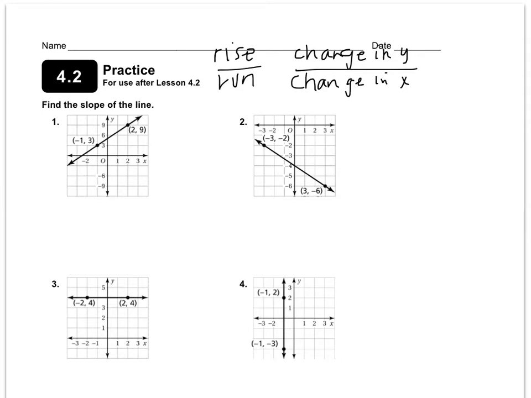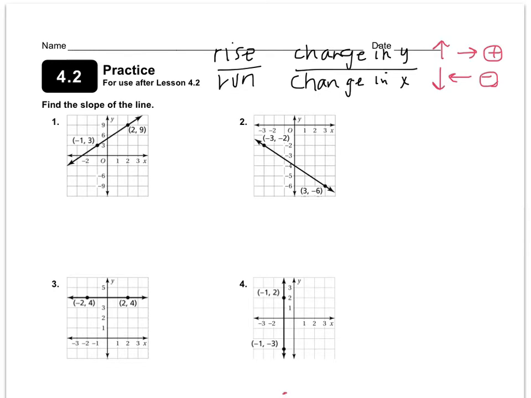Now, a lot of people can count slope correctly, but then somehow all of their slopes are positive because they forget that when you go up and to the right, it's positive, but when you go down and to the left, it's negative. So please pay attention to the direction you are moving.